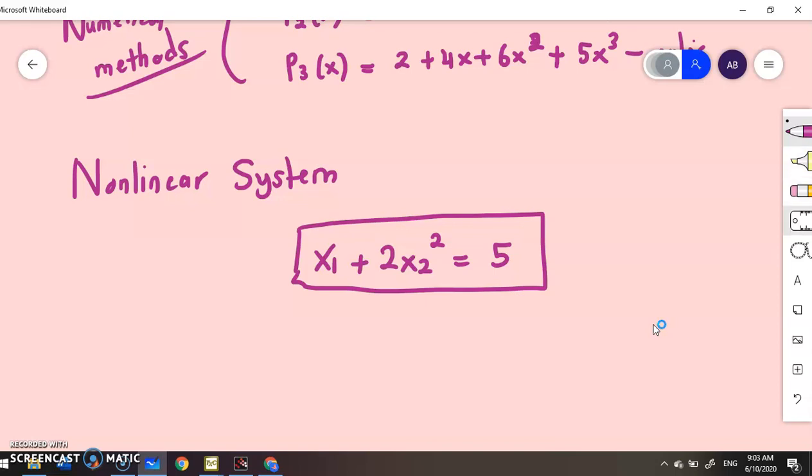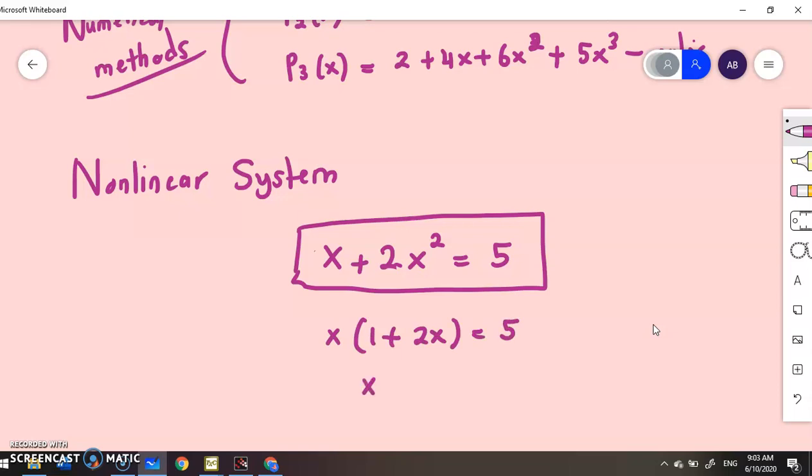To be honest, let me change this to something like x plus 2x squared equals 5. This is easier. Can I solve this? Yeah, I can. Why not? Factor out x: x times (1 plus 2x) equals 5.